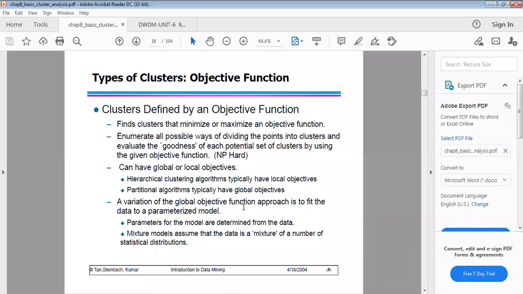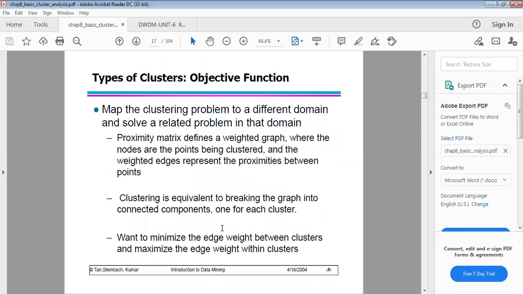You can have global or local objectives. Hierarchical clustering algorithms typically have local objectives. Partitional algorithms typically have global objectives, and a variation of the global objective function approach is to fit the data to a parameterized model. So this is regarding clusters defined by the objective function.